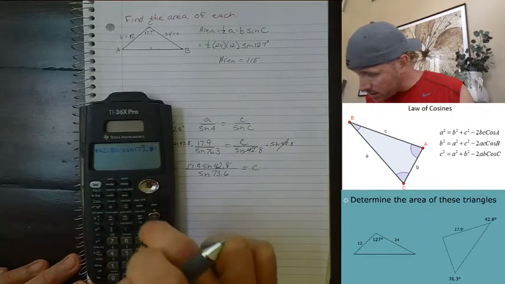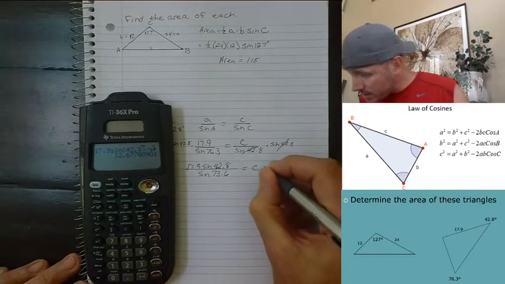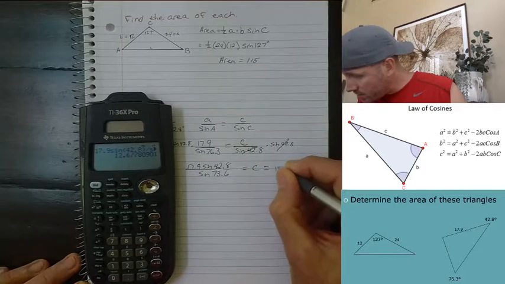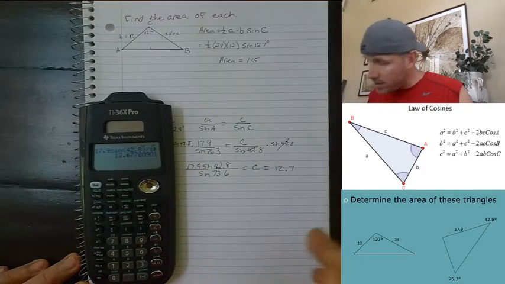Oops, I hit 9. Let's go 6 and hit enter, and we get a side C of 12.7.